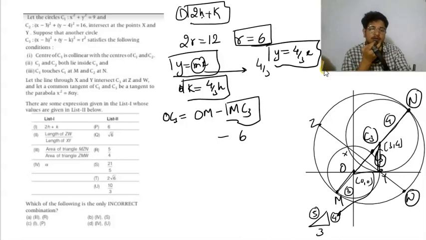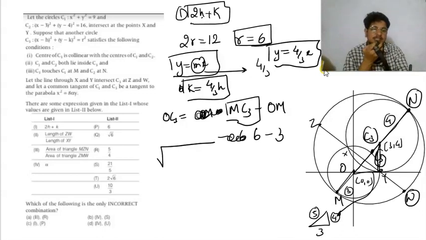Sorry, I had written something wrong, so it is mc3 minus om, because if I take the other one it will give a negative value, which is not correct. mc3 is equal to 6 and om is equal to 3, so Oc3 is equal to the square root of h square plus k square. Instead of k square I will write 16 by 9 h square, which is equal to 3.